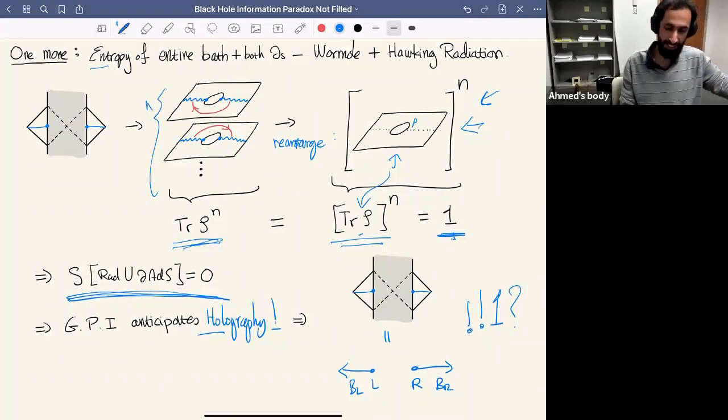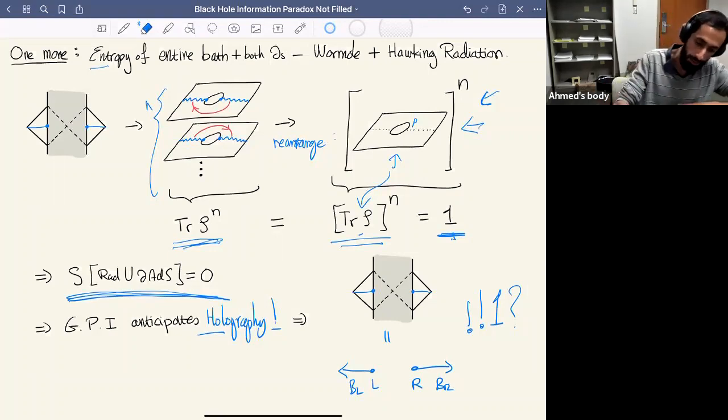Good, excellent question. I'll give you two answers, one of which is a cop-out, and the other one which is, I guess, more serious. The cop-out answer is that you don't expect these wormholes to be saddles. And so there's a question of whether you should include them or not, and so on.